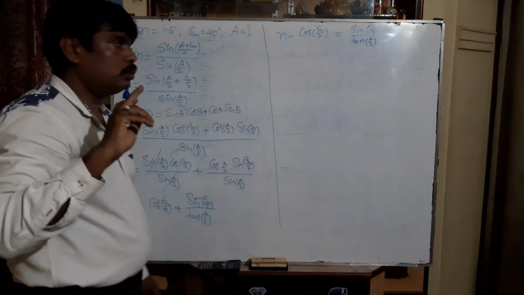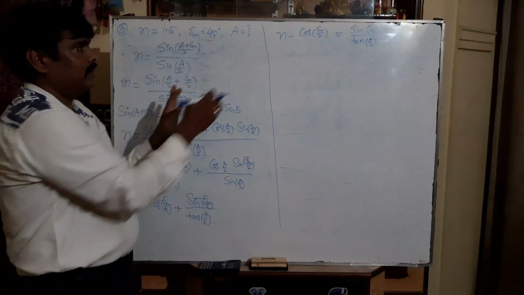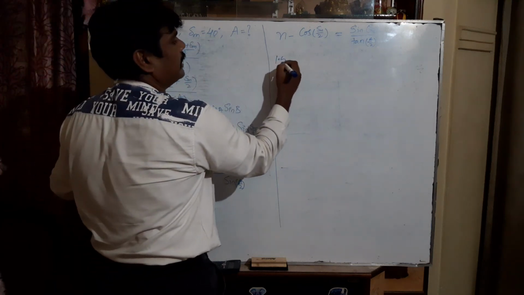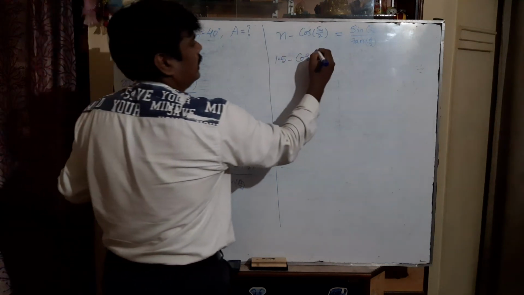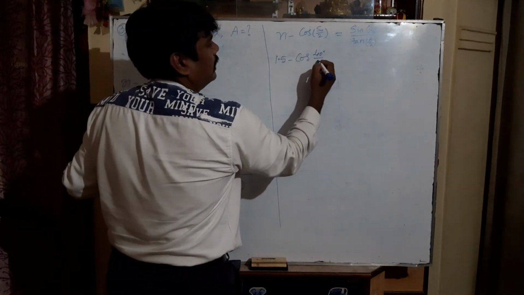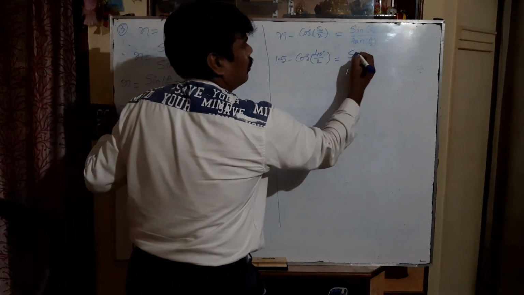Now I am going to substitute the values. Only two values are given, n and delta m. Substituting, n is 1.5 minus cos of delta m, where delta m is 40 degrees, divided by 2, which is equal to sine of delta m.